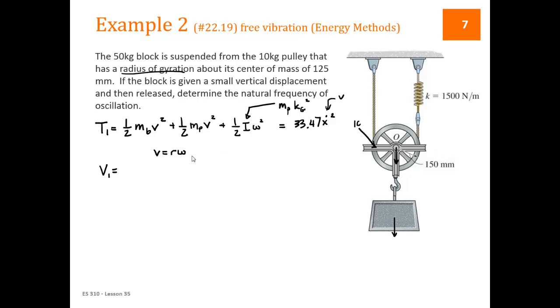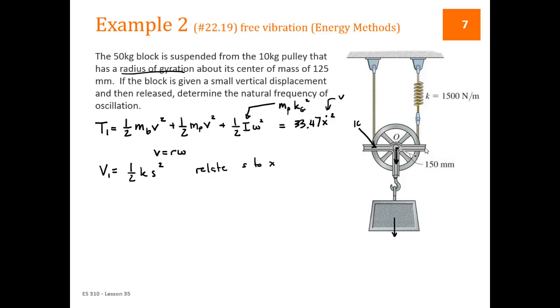So the only real potential energy we have is going to be 1/2 k x squared. Actually, let's call this S because it's not actually equal to the x we're using, S squared. S is the stretch in the spring. X is the motion of this point 0. Those two are different. So we need to relate S to X.